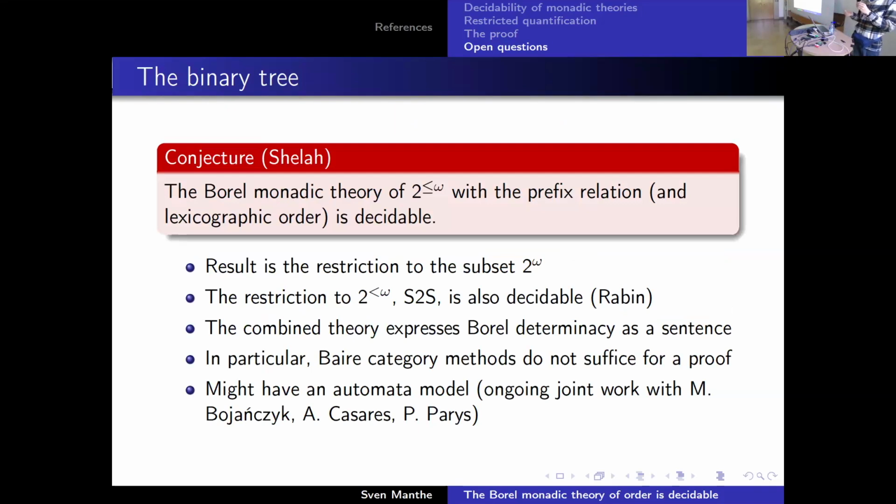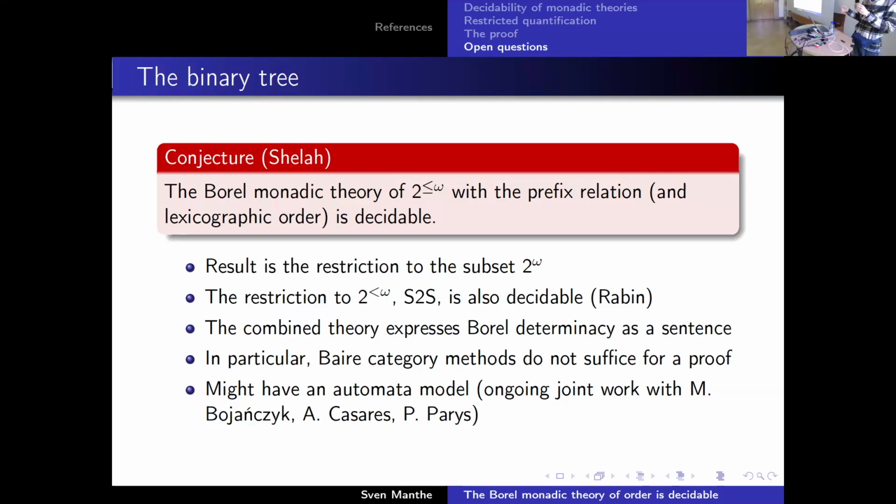Here, for example, one could take all finite or omega sequences of zeros and ones at once, regard this as the somewhat infinite binary tree, but also with elements for all branches, and equip it with the prefix relation and say the lexicographic order, although the latter one is not important for decidability purposes actually.